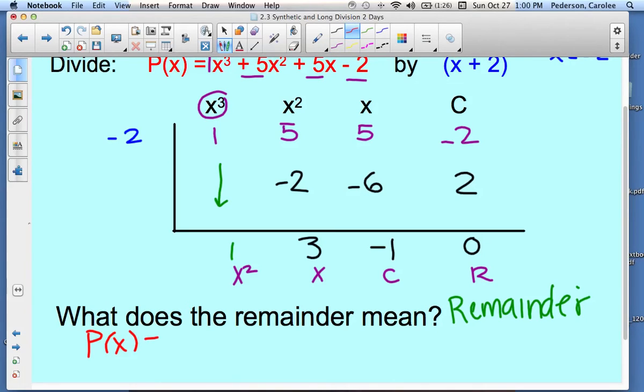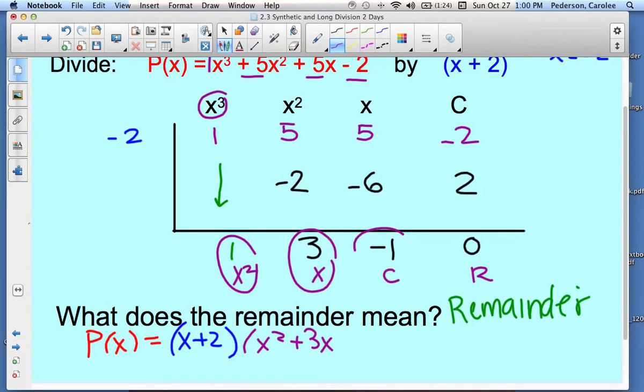P of x equals, I'm going to take out an x plus 2. That was my factor. And what I'm left with is 1x squared, or x squared, plus 3x minus 1.